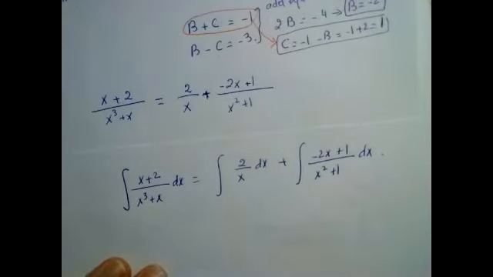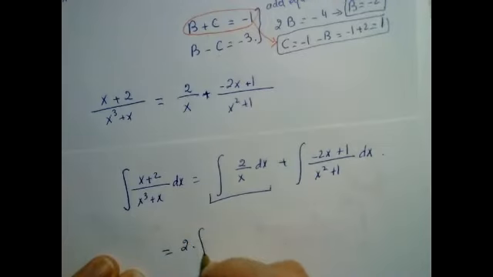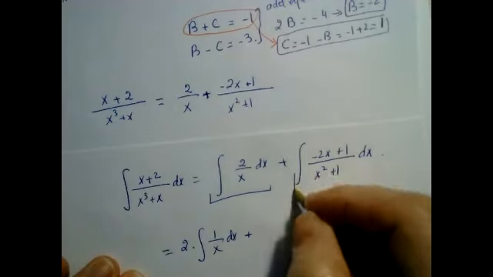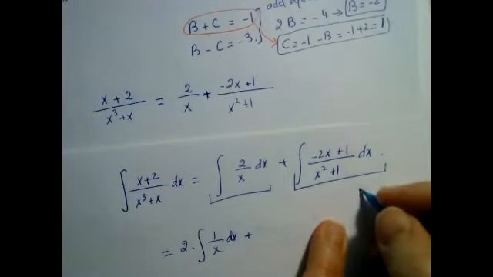Now, each one. This is the easy piece, so I can get this out, 1 over x dx. This one, how do I do this piece? Are you going to use substitution? Let's try it. If I put u equal x squared plus 1, that's the substitution you want, right?